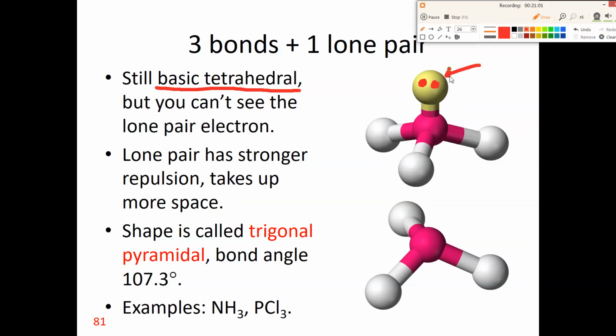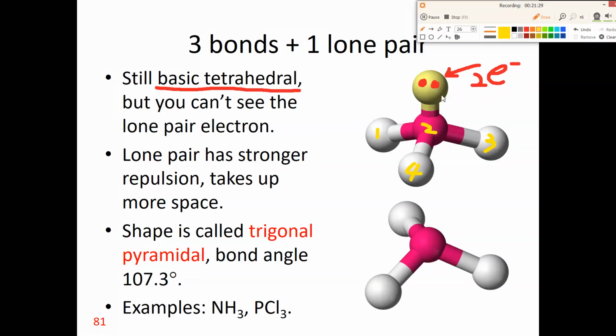It's two lone pair electrons. There's no atom there. So only these four items I labeled, and on top is a lone pair.